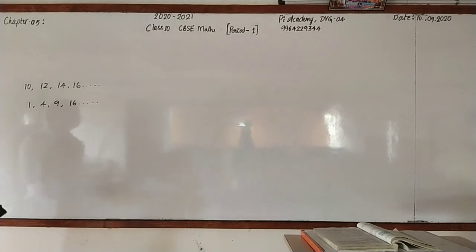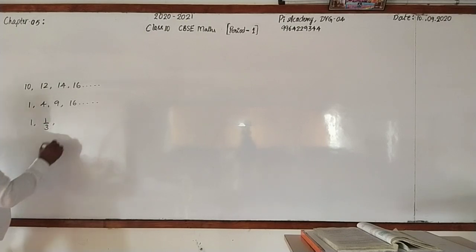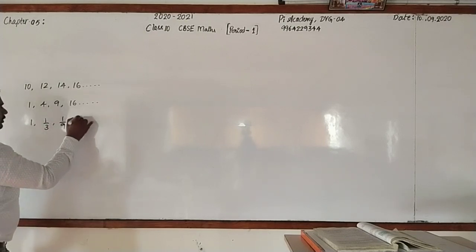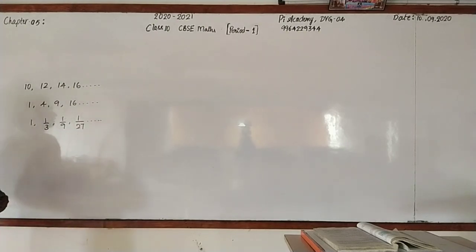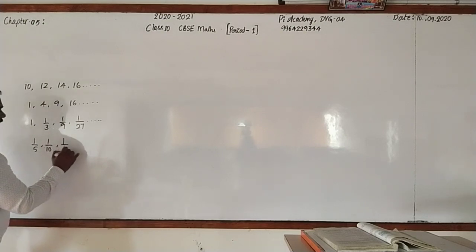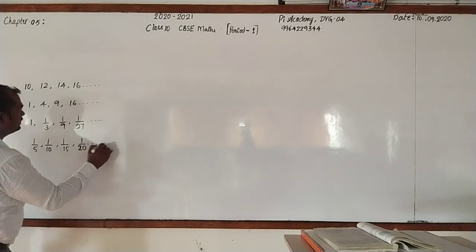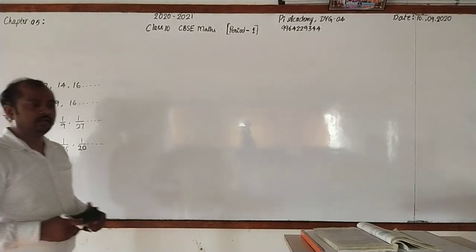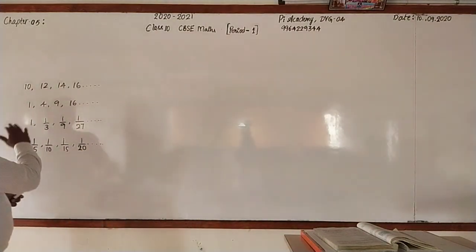Let me write the third one: 1, 1 by 3, 1 by 9, 1 by 27 and so on. Let me write one more: 1 by 5, 1 by 10, 1 by 15, 1 by 20 and so on. Here I have written lists of numbers in which the numbers are in order.